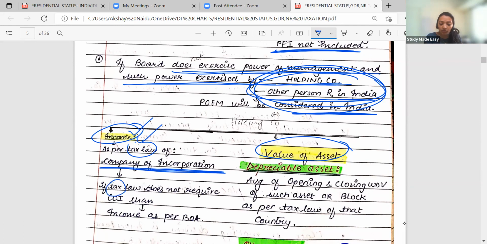If the company is not liable to that tax law, then whatever is written in the books of account, company is not mandatorily required to pay the taxes. So check the books of account. Whatever income has been written in their books of account, you will consider as total income. Any question on this? No. There is no question. They will directly give you this is income, total the income and calculate the 50%.